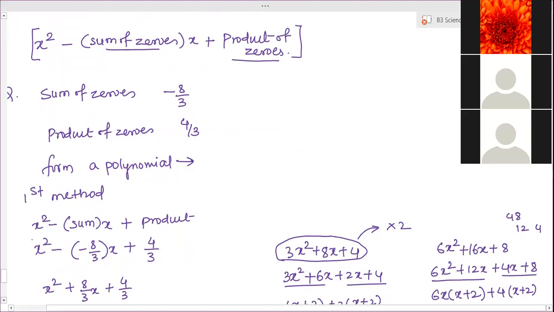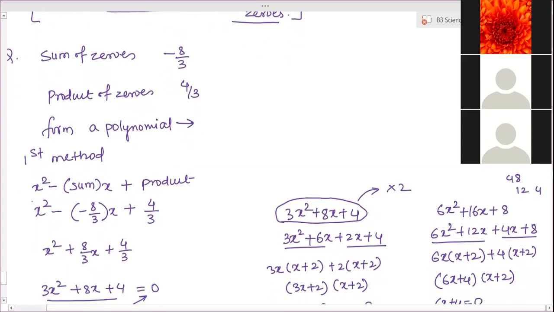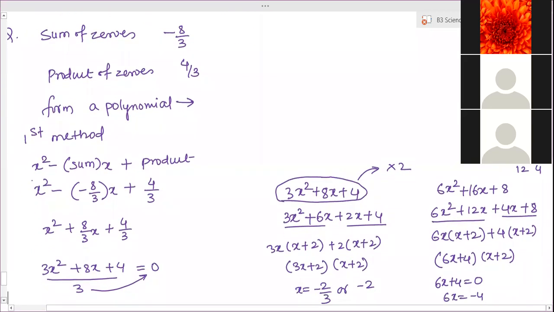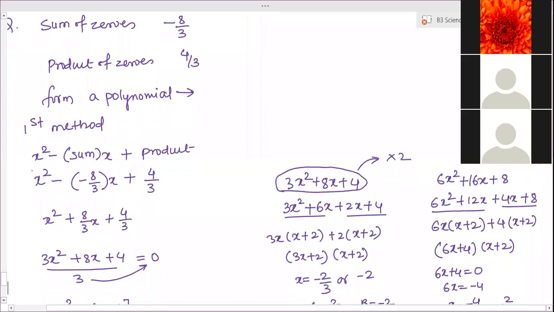Ma'am, what if they only give the sum of zeros and they don't give the product of zeros? So some other values might be given along with it. From that you can find out. Just like there, you can see the third question is like that. You can see it in the book. Can you see the question? Yes, ma'am. The third question is the example we will solve. Third, fourth, fifth, similar questions, like what you were asking.